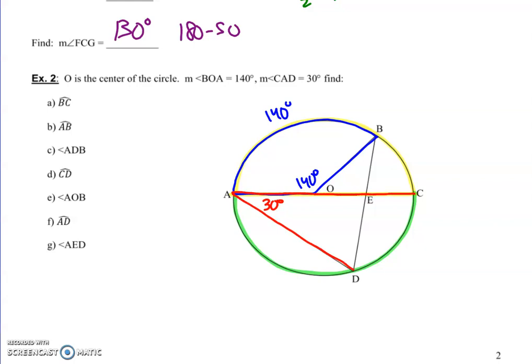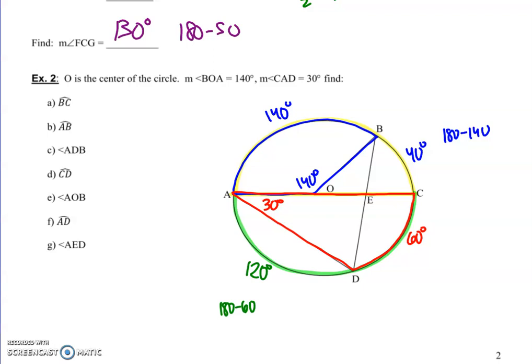I know an inscribed angle is equal to half the arc. So its arc over here must be 60. Easy calculation. Just multiply by 2. Now I can go quickly for all the rest. On the bottom here, arc AD is 180 minus 60. So that's 120. Up top, arc BC is 180 minus 140, so that's 40.